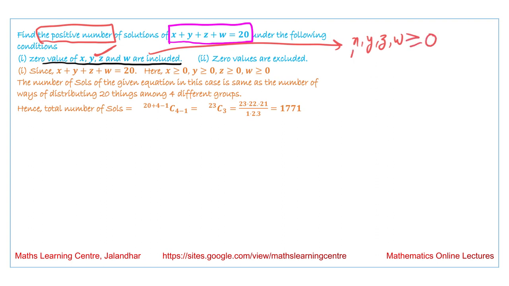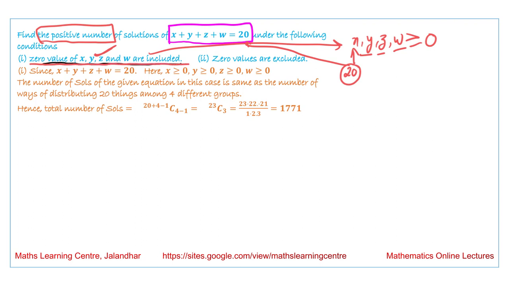How many different values of x are possible? 20 values of x are possible, and likewise 20 values of y, 20 values of z and 20 values of w.